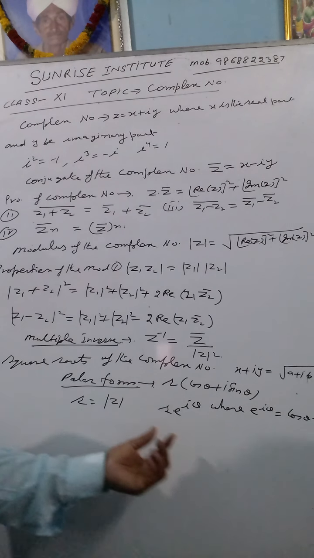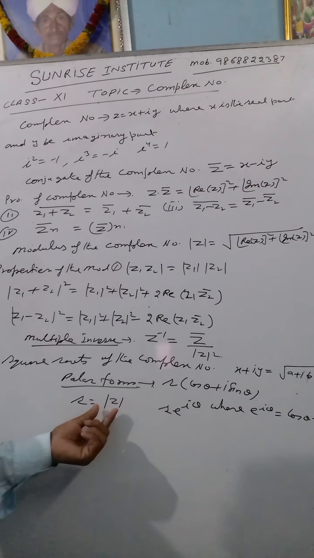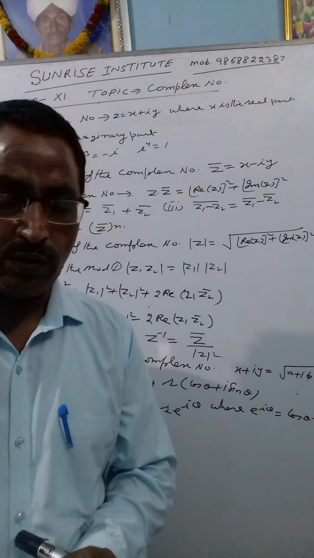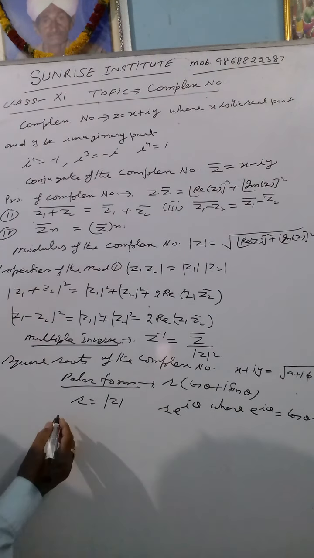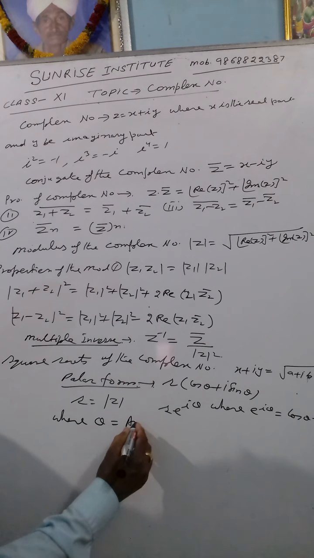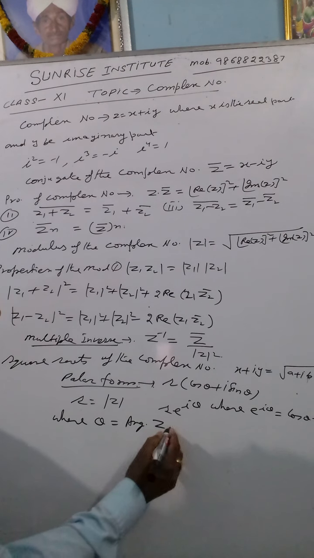r equals mod z, okay students. This is the polar form, where theta equals argument of z.